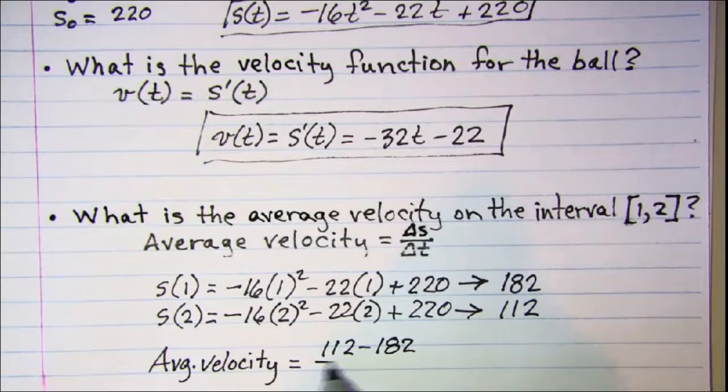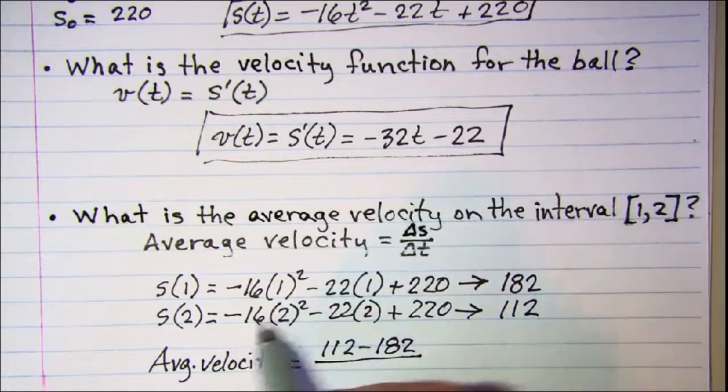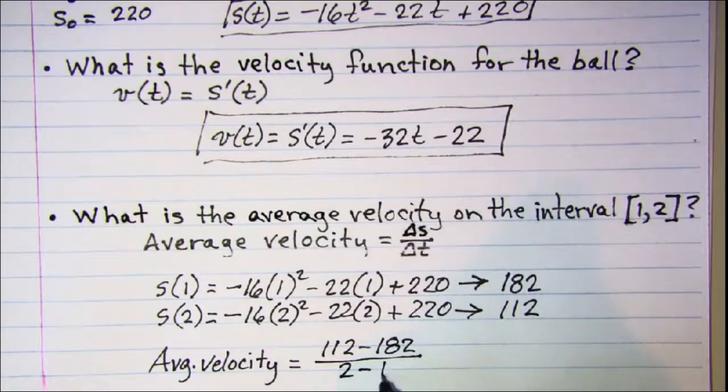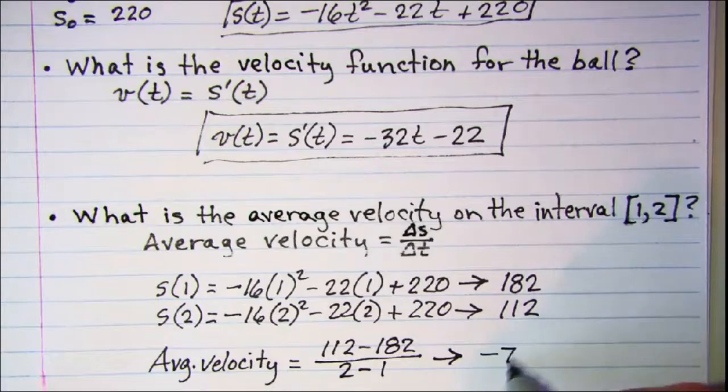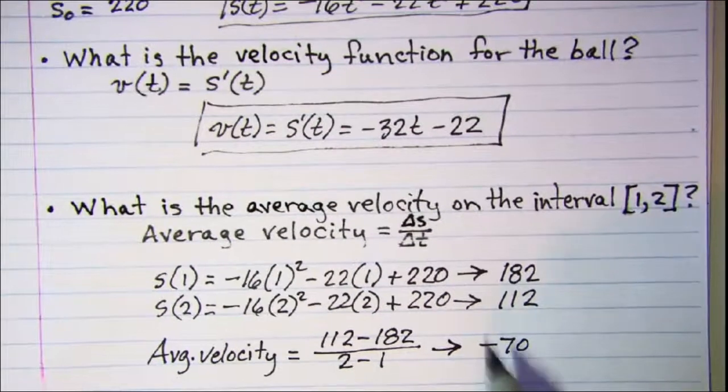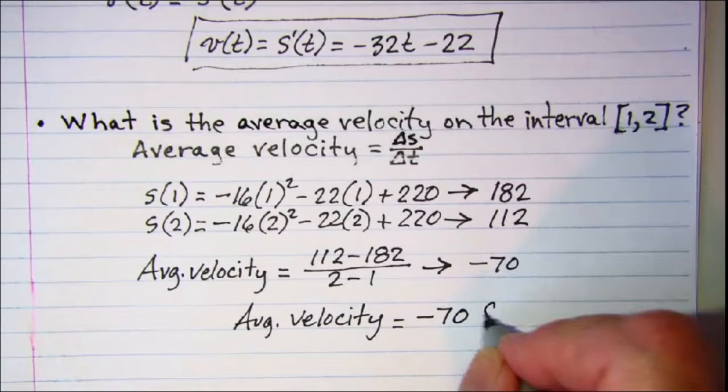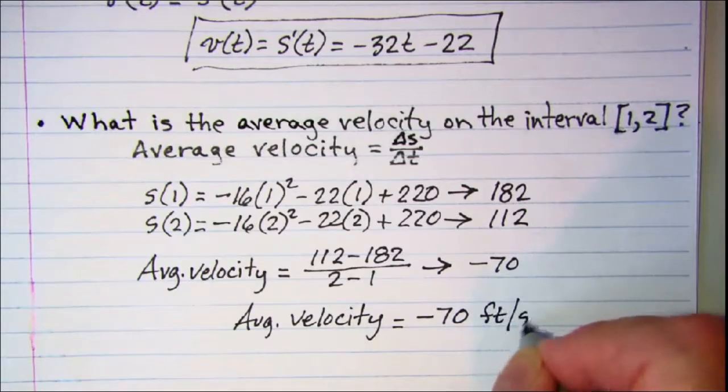That's our change in position, over 2 subtract 1. This gives us a negative 70. So we would say then our average velocity is a negative 70 feet per second.